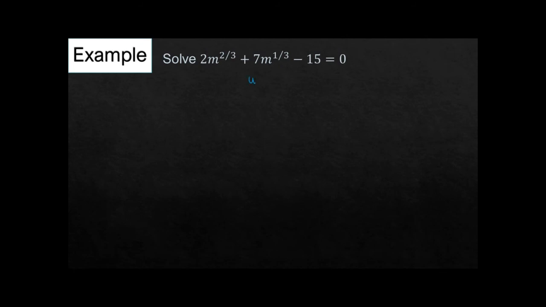So we're going to set u equal to the middle, which is m to the 1/3 power. Then u squared is going to be m to the 1/3 squared.